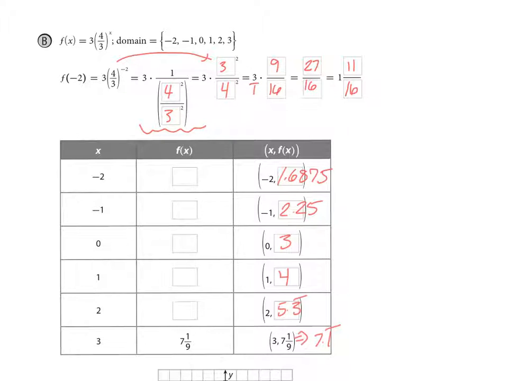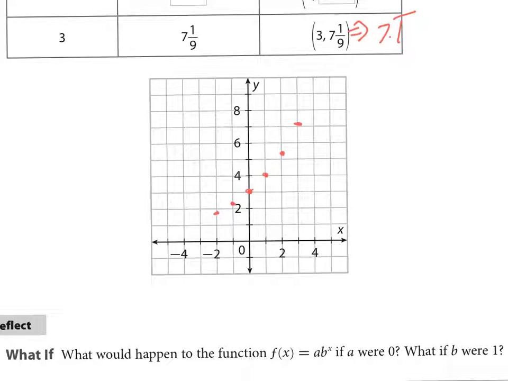The first example was an exponential that was decreasing from left to right, whereas in this one we see our y values are all increasing as we go from left to right on the graph. So just like we said, if you plot the points, you see this graph is increasing as we go from left to right, whereas in the previous example it was going down from left to right. So this is an increasing exponential function.